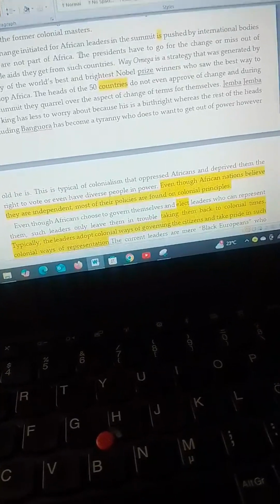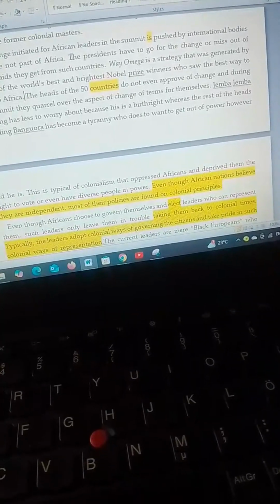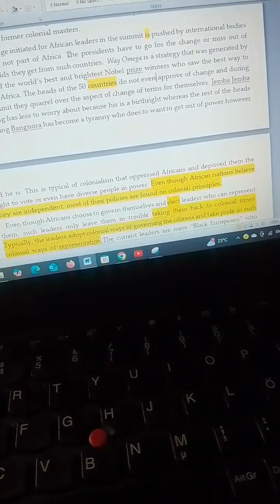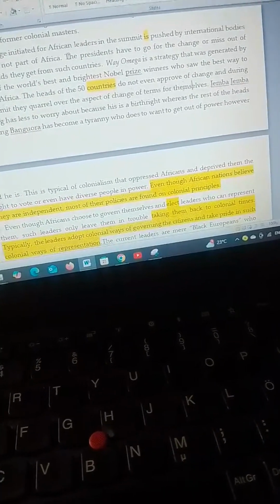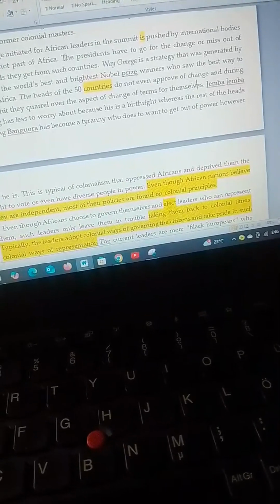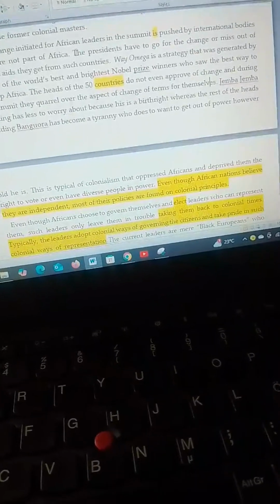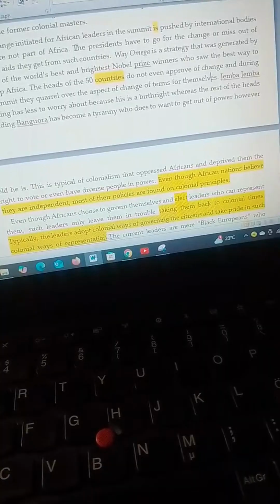Way Omega is a strategy that was generated by 20 of the world's best, brightest Nobel Prize winners who saw the best way to develop Africa. The heads of the 50 countries do not even approve of change, and during the summit they quarrel over aspects of change or change of terms for themselves. We also see the leaders murmuring amongst themselves as Bangora struggles to explain to them the strategies.